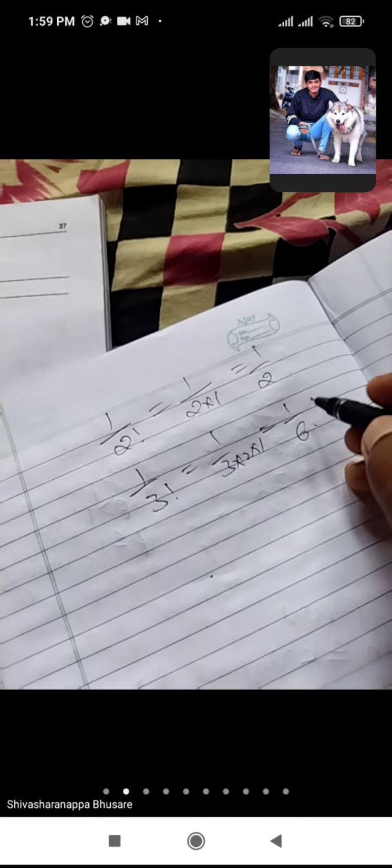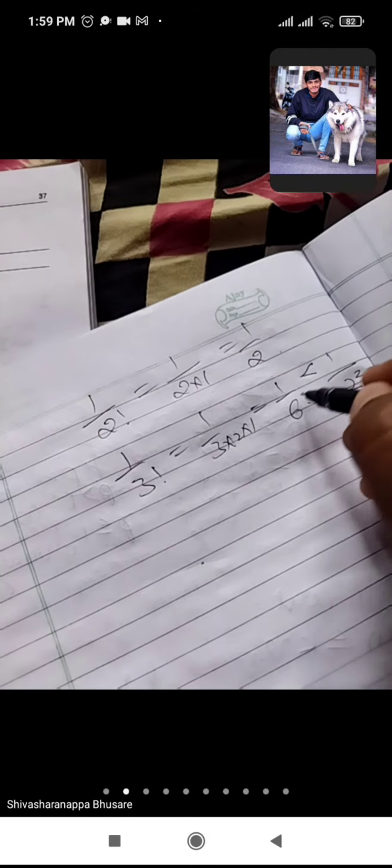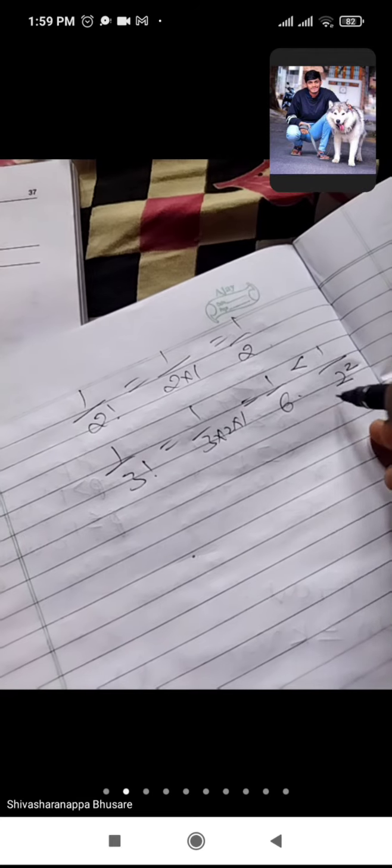Here 1 by 2 factorial is 1 by 2, and we know that 1 divided by 6 is less than 1 divided by 2 square. 1 divided by 6 is less than 1 divided by 4, which can be written as 2 square.